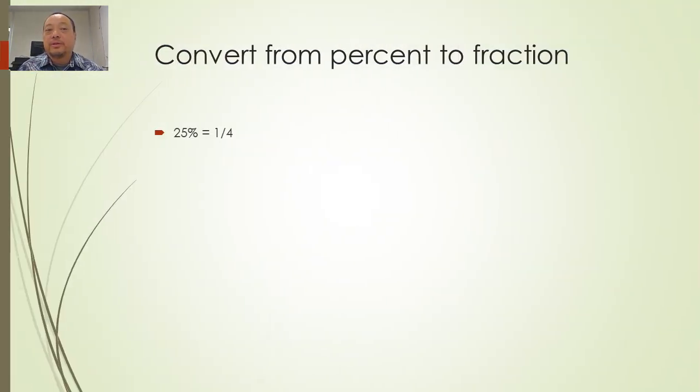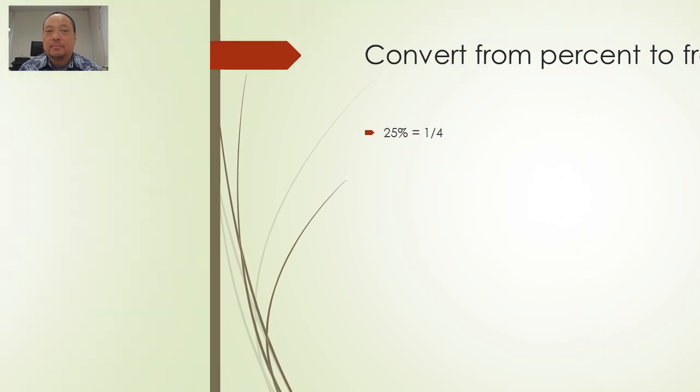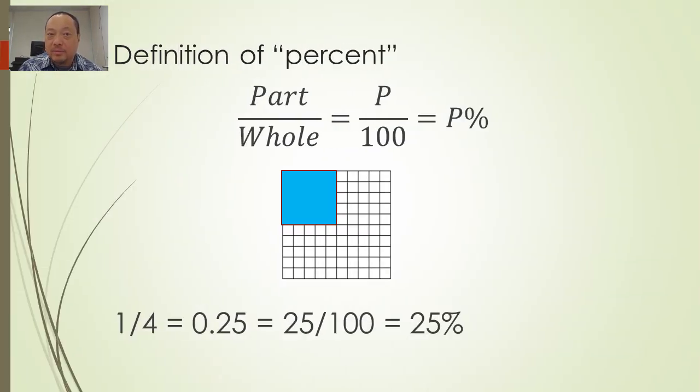Now let's talk about converting the other direction, going from percent to fraction. Let's take 25% again. 25% equals 1/4. How would one go about making that conversion? Let's take a look at the same slide we've seen before. The 25% came from the fraction 25 over 100.